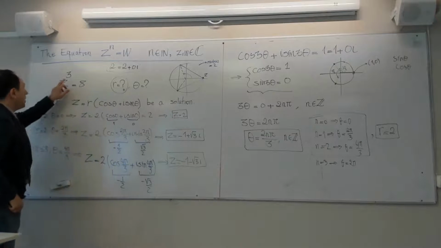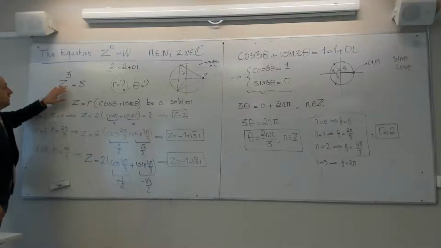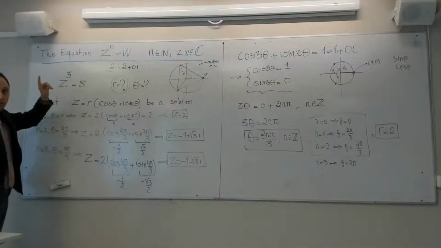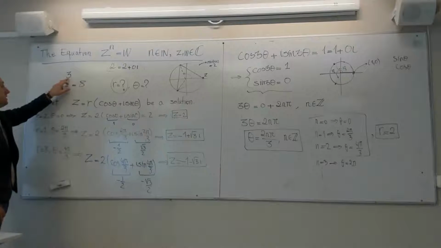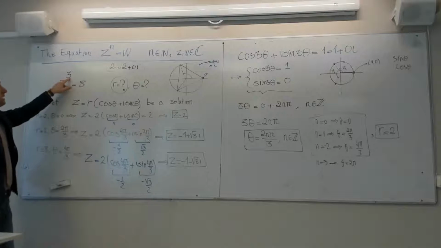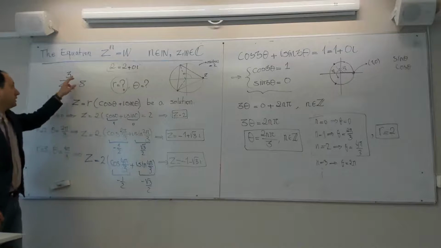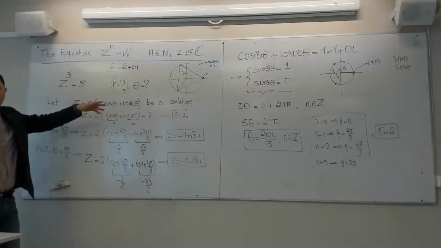And this is also very, very important to know. If I ask you how many roots does this equation have? In complex numbers, it's always equal to this number on top of that you see. If this exponent is 3, I will have 3 roots. If this exponent is 4, I will have 4 roots.